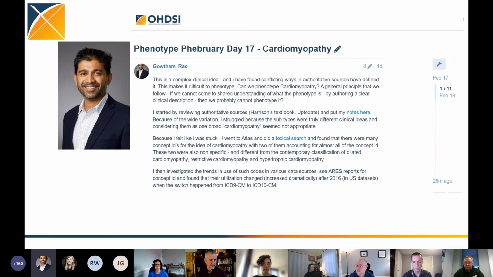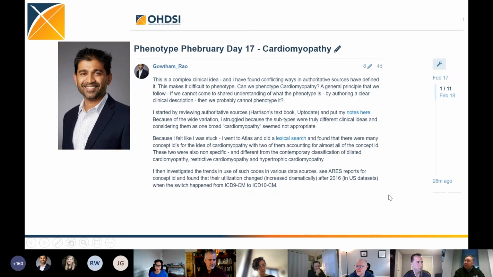Plus, what we learned is that even though certain clinical ideas are described in practice, when clinicians call somebody a cardiomyopathy patient, they don't all mean the same thing. For example, ischemic cardiomyopathy: in some contexts, it is not considered cardiomyopathy, and so on and so forth. So there are a lot of variables here, and the biggest insight for me is this is not a one-day activity. This is the beginning of the story.